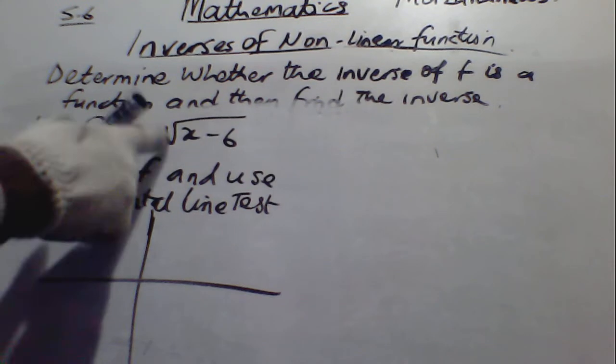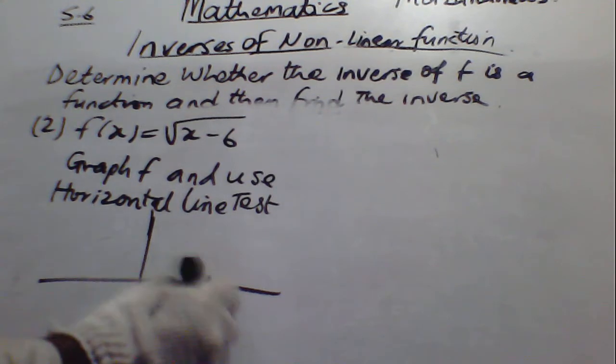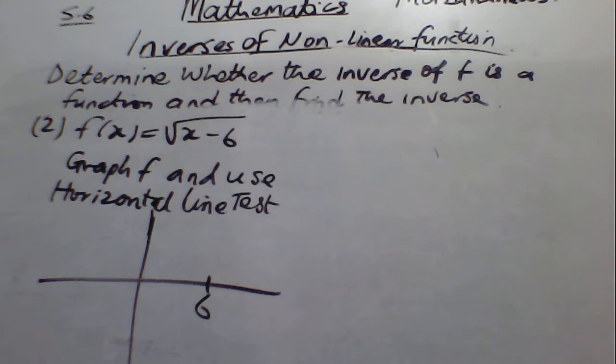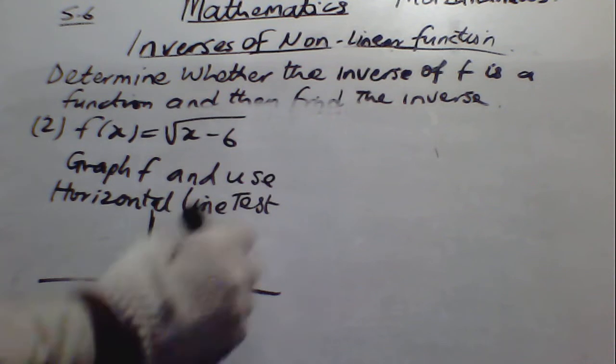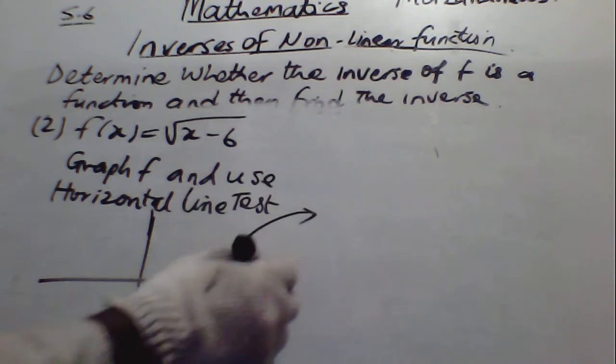This is a square root function. In this case, we are told that there is a horizontal translation by a factor of 6 units to the right. So it will start from here. This is how the graph may look.